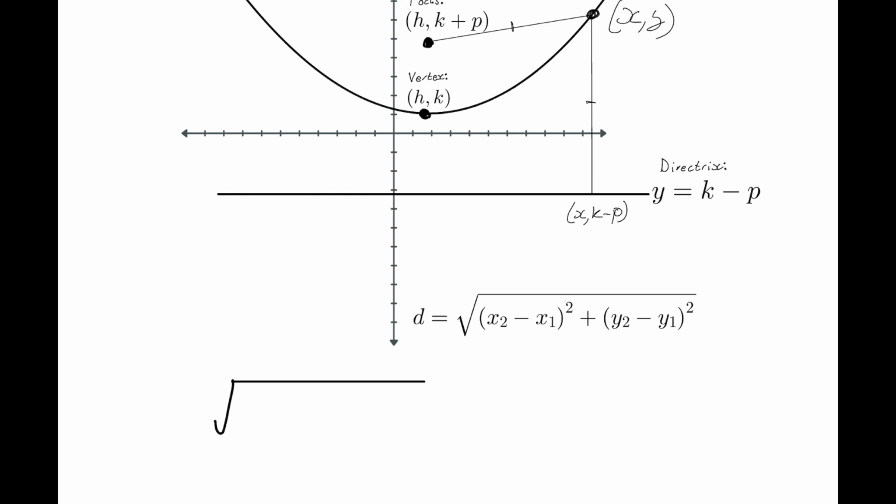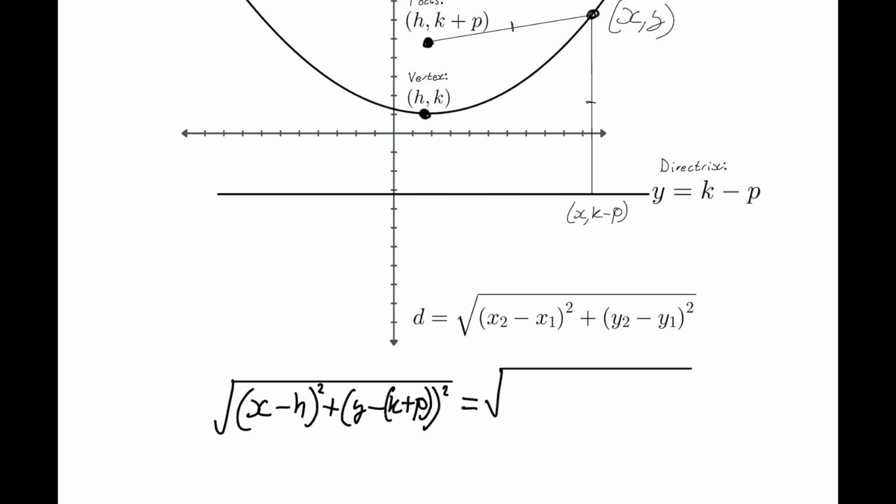So we can set those up into two distance formula statements. If we set (x, y) as point 2, we'd have the square root of (x minus h) squared plus (y minus (k plus p)) squared, and both of these are, of course, squared. And that would have to equal the square root.